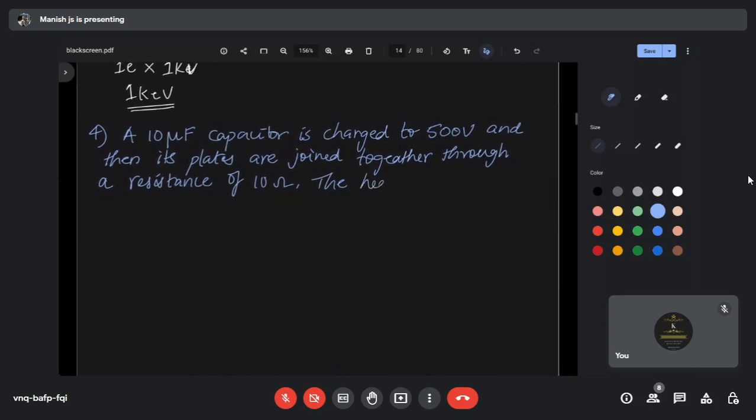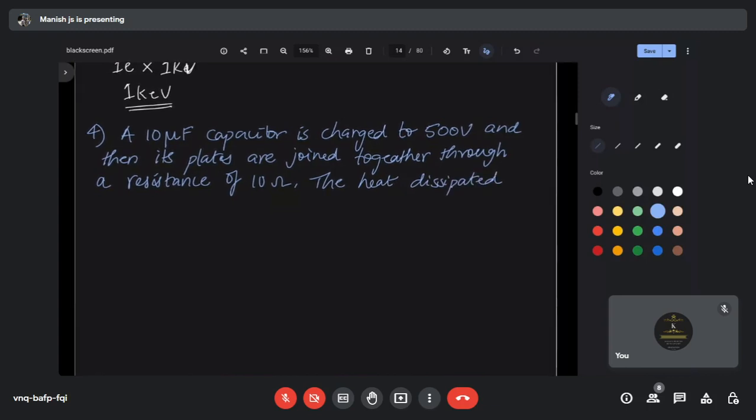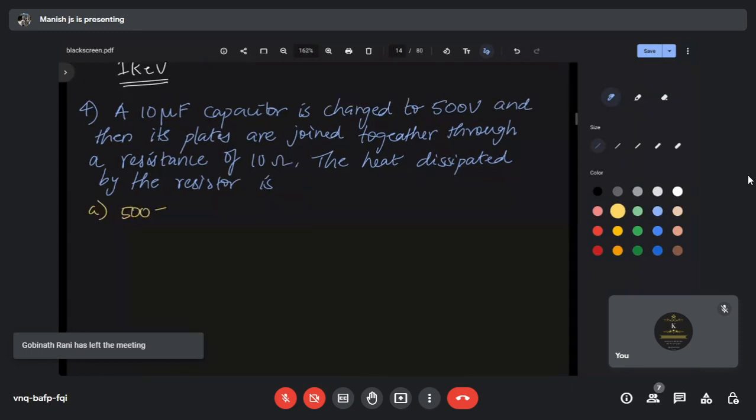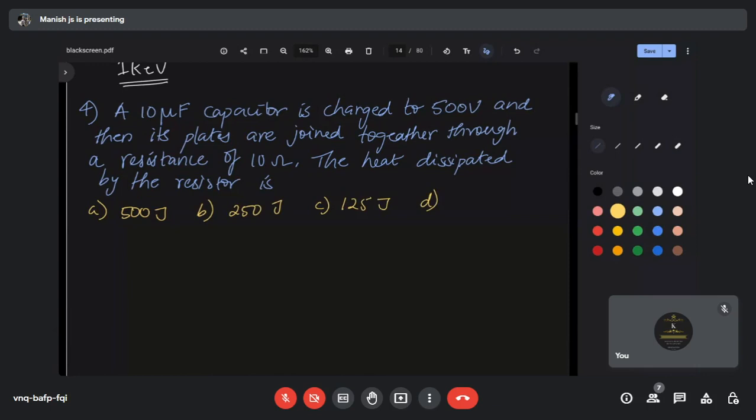The heat dissipated by the resistor is option A, 500 joules, option B, 250 joules, option C, 125 joules, and option D, 1.25 joules.